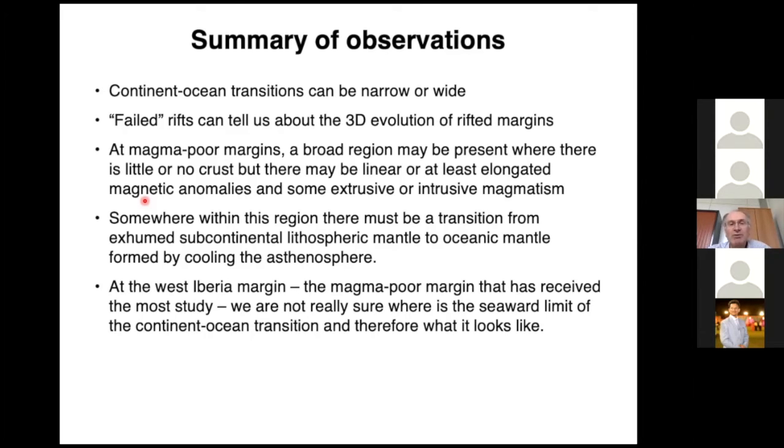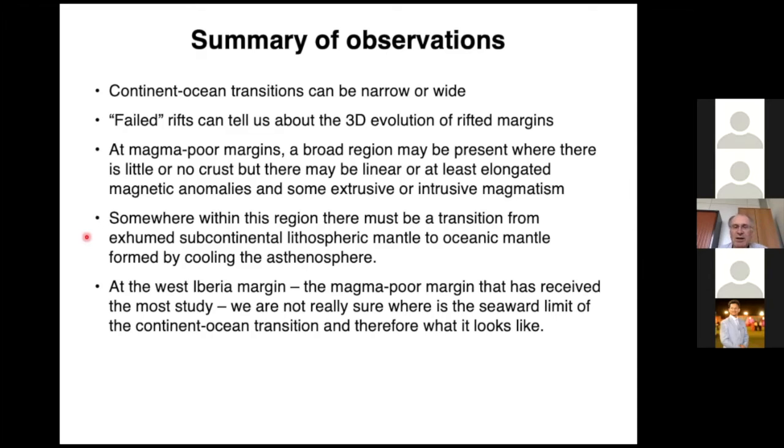Somewhere in this region where the mantle is exhumed, we're probably transitioning from exhumed subcontinental lithospheric mantle to oceanic mantle that's formed by cooling of the asthenosphere, but it's quite difficult, certainly with seismic velocity models, to say where that might be.